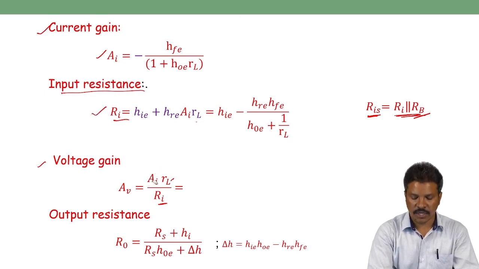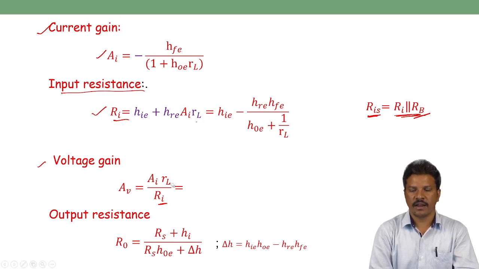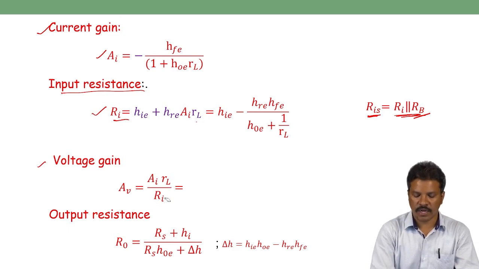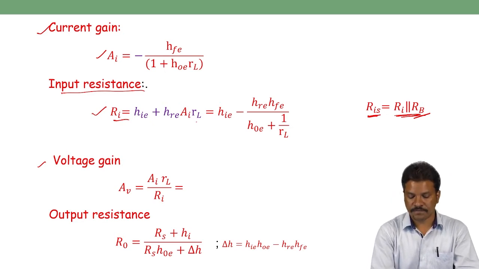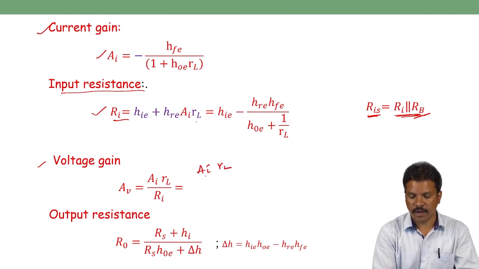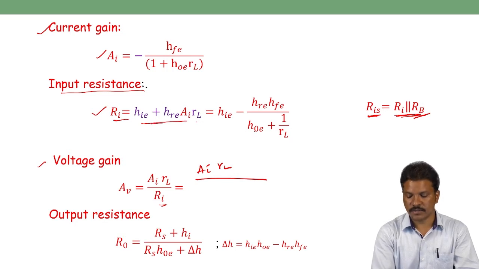By substituting AI multiplied with the load resistor RL divided by RI, you will get the voltage gain. Otherwise, we can calculate AI RL, and by substituting the RI formula, we can take this formula.